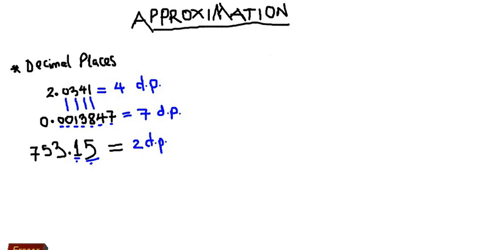In this number here, 0.001387, the first decimal place is the 0, followed by the other 0 in the second decimal place. The 1 is in third decimal place. The 3 is fourth position, so it's decimal place number 4. 8 is number 5, 4 is number 6, and 7 is number 7. So that is how we count the number of decimal places. We always start from the decimal point going to the right.